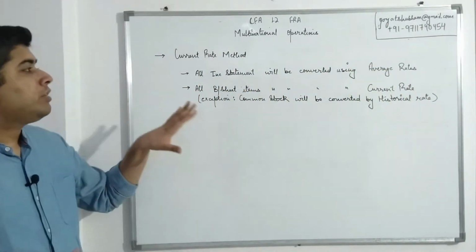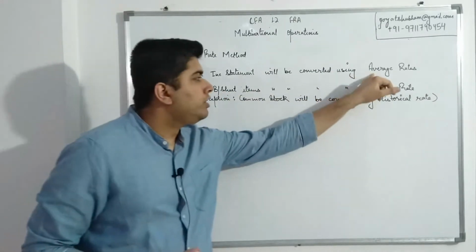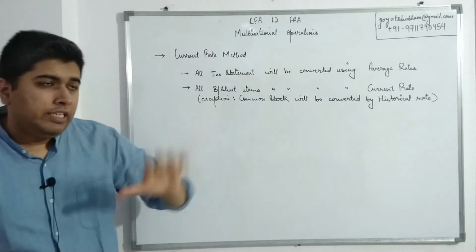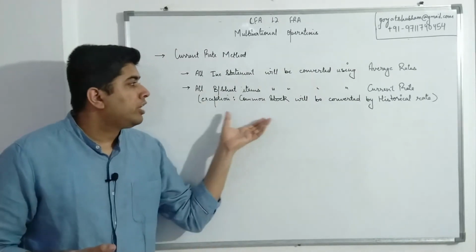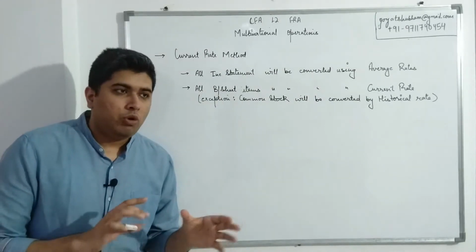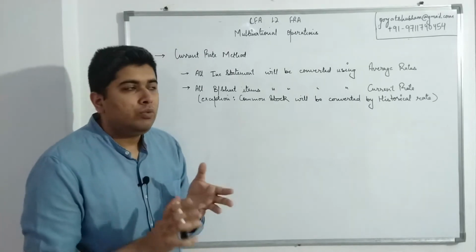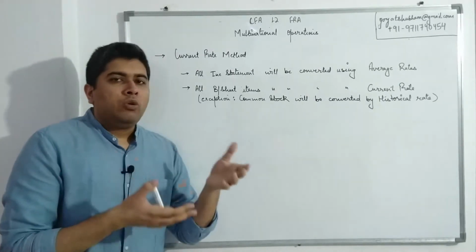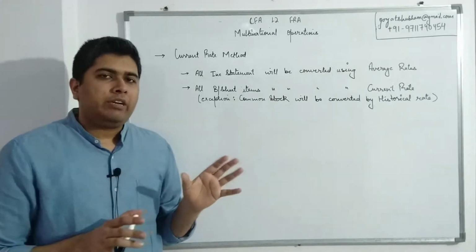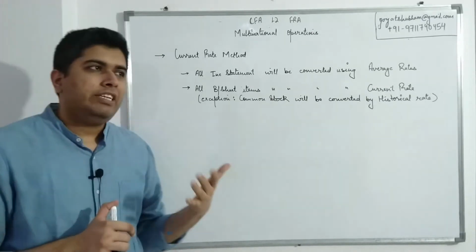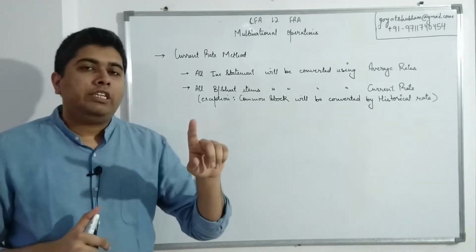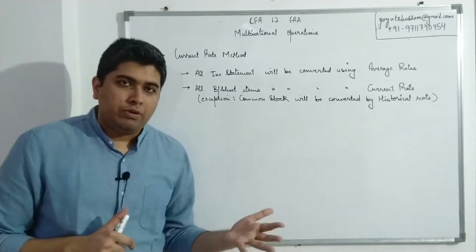Now, of course, if I'm converting the income statement with average rate and the balance sheet using current rate, these rates might not be the same. I'm also converting common stock using historical rate. So all of these rates might be slightly different, which might create a situation where in my initial local currency statements my balance sheet total was matching up, but now the balance sheet total might not add up.